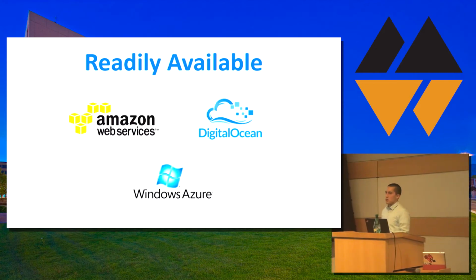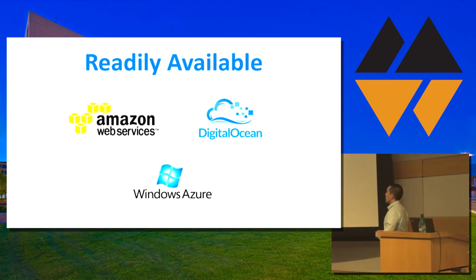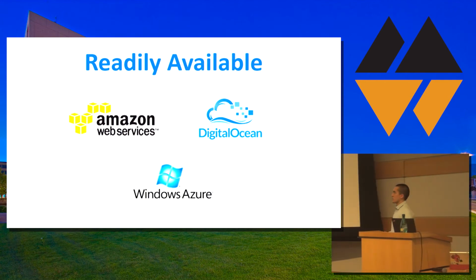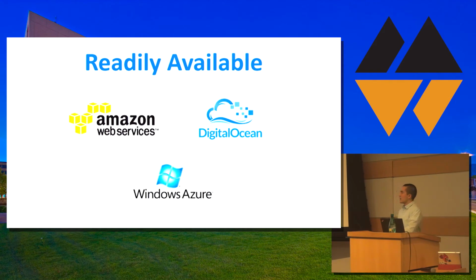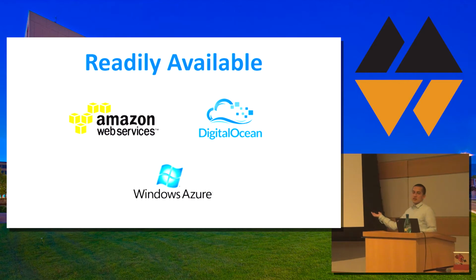And on the more cloudy side, there's AWS, things like DigitalOcean, and as soon as Microsoft Legal checks off on it, Windows Azure. The idea here is that you use what's best for you, and we make it pretty easily available in both cases. In the virtualization case, you just need a computer that can run that, and in the cloud case, you just need an internet connection.